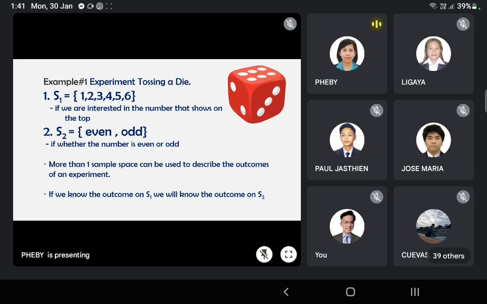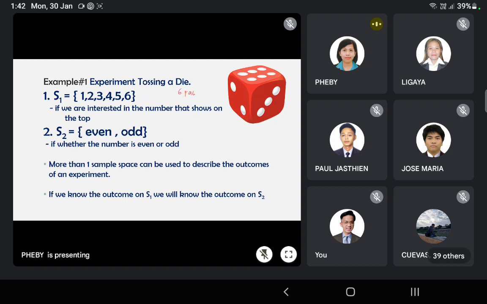Example number 1, an experiment tossing a die or dice. If we are interested in the number that shows on the top, dyan sa figure, meron siyang anim na faces.